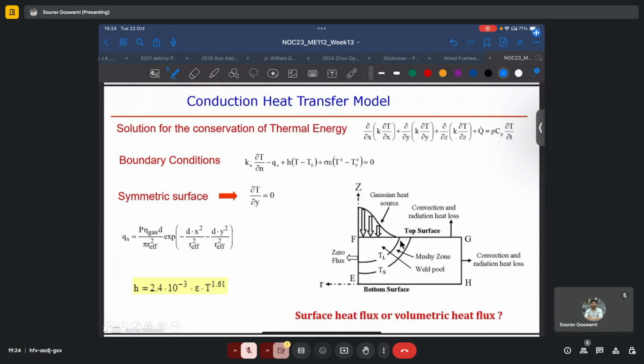What we can do is club them up together into one effective heat transfer term, and the effective coefficient of heat transfer has empirically been derived for one case as h equals 2.4 times 10 power minus 3 times epsilon, which is the emissivity, times temperature power 1.61. So these are just some incremental improvements that help simplify the solution of the problem without compromising the accuracy of predicted results.